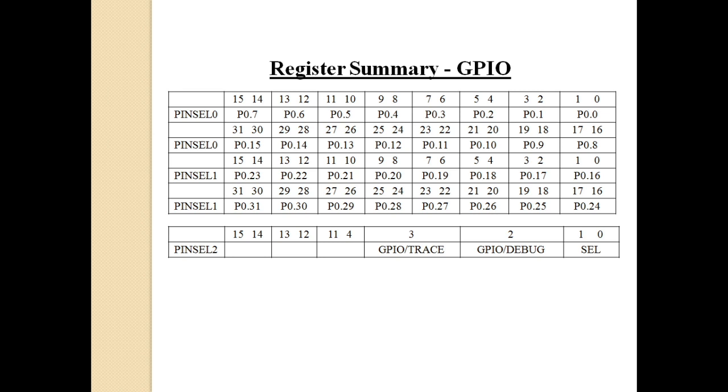So the register summary is used for showing what registers are involved in configuration of a peripheral. Here I have not mentioned that you also need to add those. Right. So you can see what the registers are and what the functionalities of each pin are.